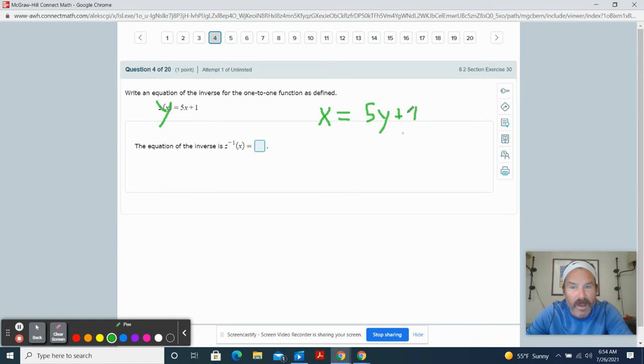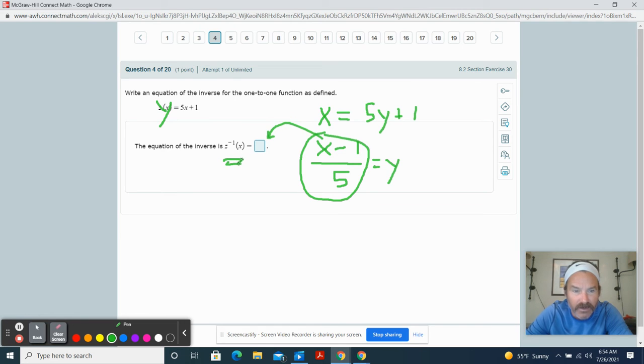And now we solve for y. Subtract 1, divide by 5. I can do that at one time. That's what y is going to be equal to, and that's going to be the inverse. So this is what we put in the box here. They already have the inverse already written out for you.